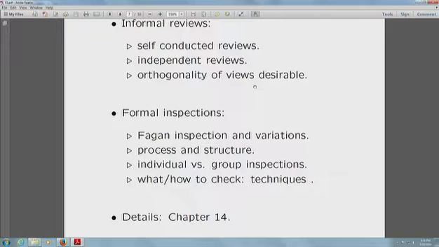We'll talk a little more about Fagan inspection and other inspections later on. The basic structure is that if you want to do an inspection, you need to select the right kind of people, give them good instructions, and give them a process to follow.